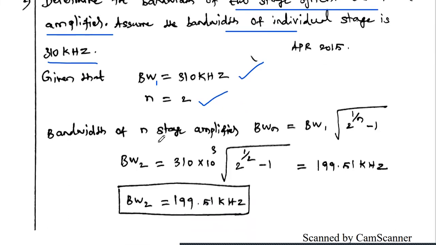The bandwidth of the n-stage amplifier is BWN equals BW1 into square root of 2 to the power 1 by n minus 1. So the bandwidth is 310 into 10 to the power 3 into square root of 2 to the power 1 by 2 minus 1. Solving, we get 199.51 kilohertz. This is one of the problems.